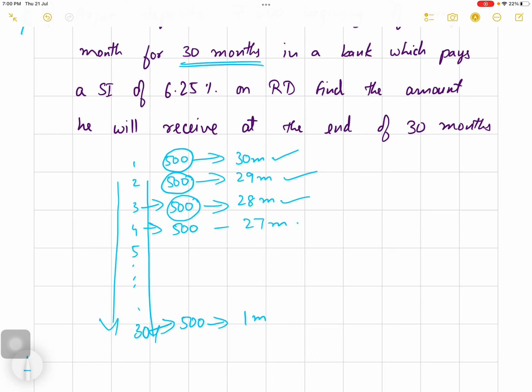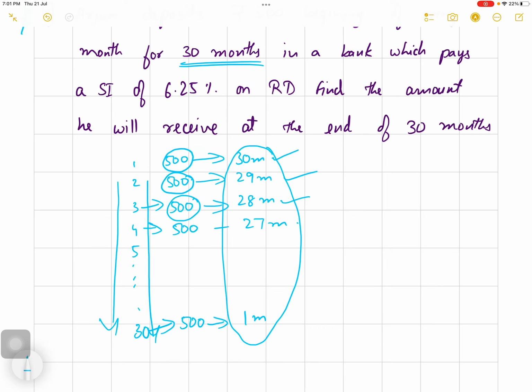So let us see how, if he is investing 500 rupees, we calculate the number of months. It is as good as if he is investing only 500, then what is the total number of months he is keeping it invested.